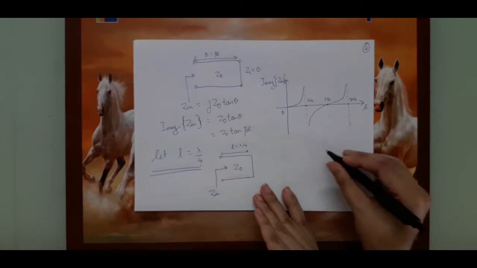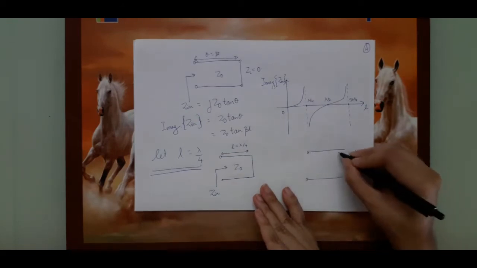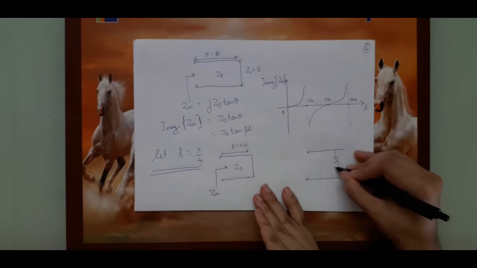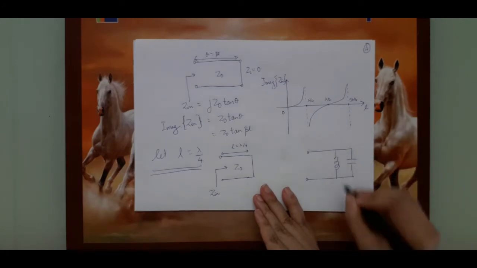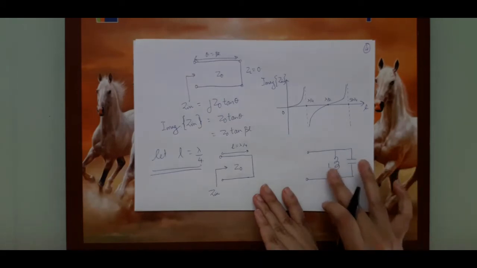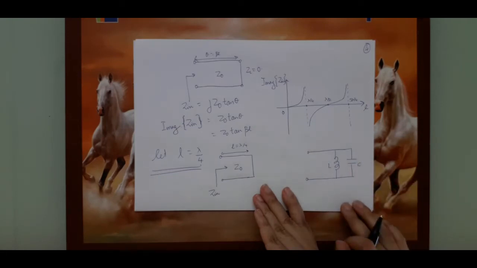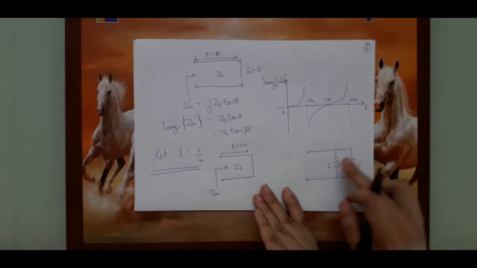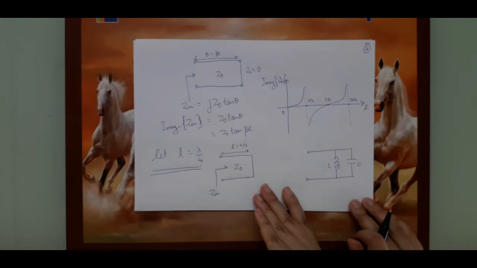We will get infinite impedance when we have an inductor and a capacitor in parallel, and only if the two are in resonance. That means the parallel impedance becomes so large that this acts like an open circuit.